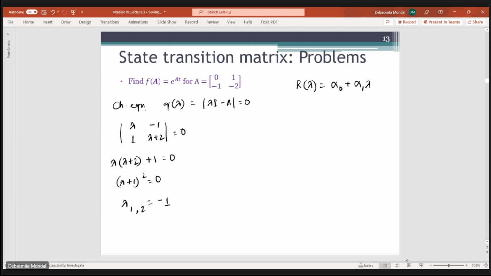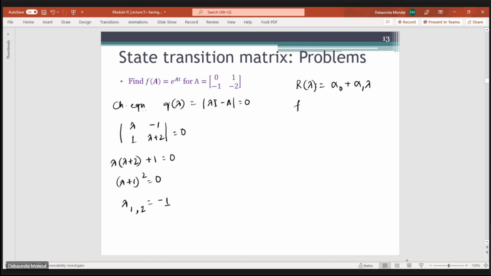Now since the values of lambda 1 and lambda 2 are the same, both the simultaneous equations which you will find by substituting the values of lambda 1 and lambda 2 will be the same. So what we need to do is find out.